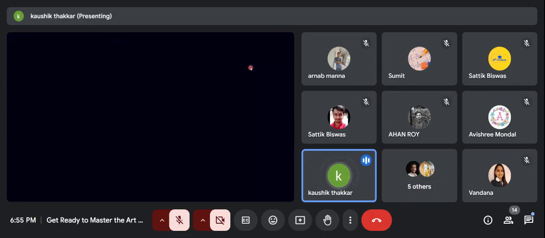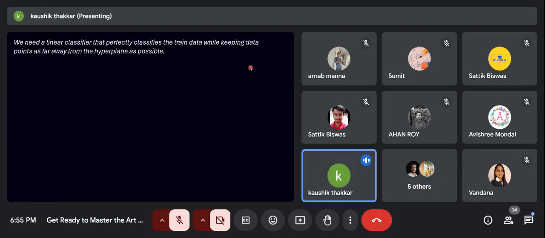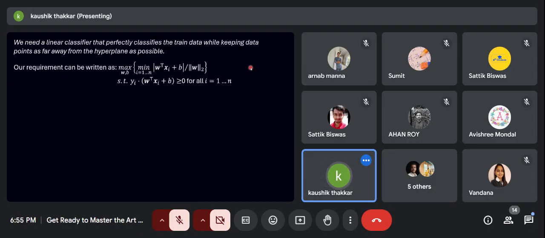Now we will write our objective function that will satisfy these two conditions. Basically, we need a linear classifier that perfectly classifies the training data while keeping data points as far as possible from the hyperplane. So we are maximizing the minimum distance of the training points from the classifier.